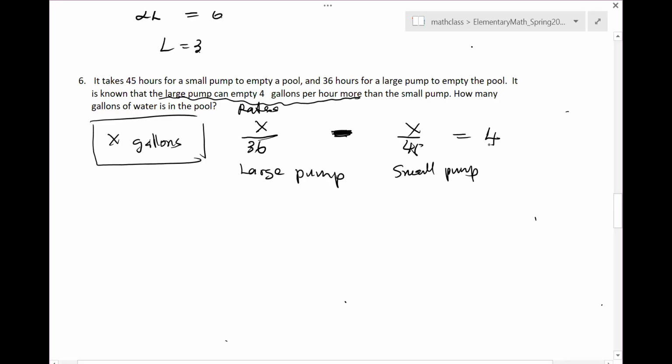All right, to solve this, I hope you already know how to work with fractions.